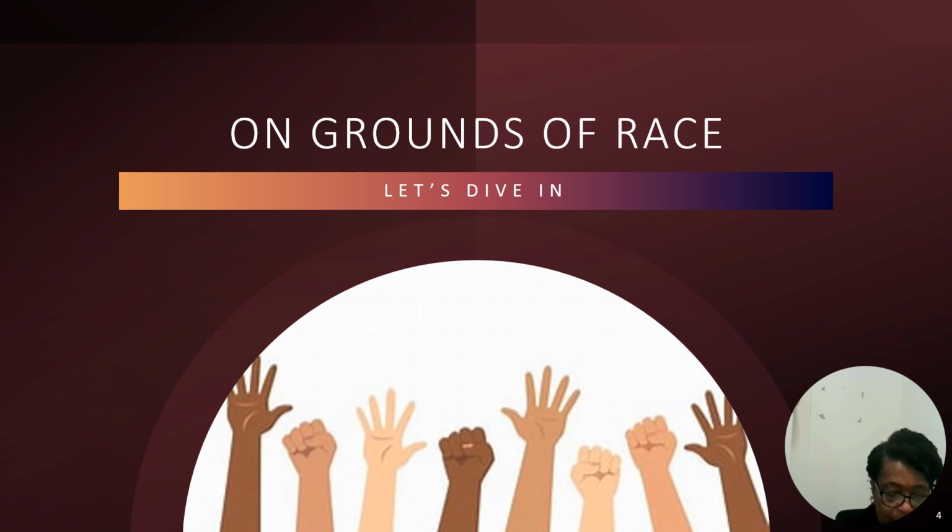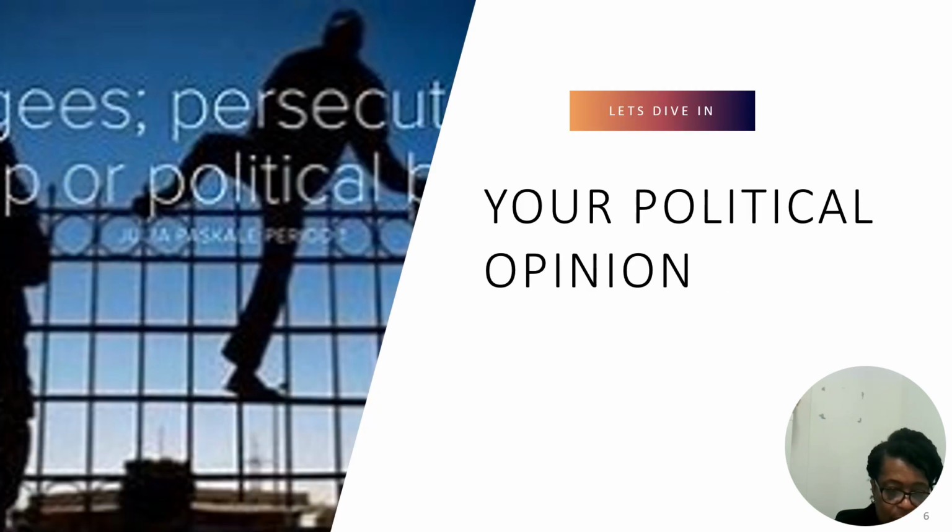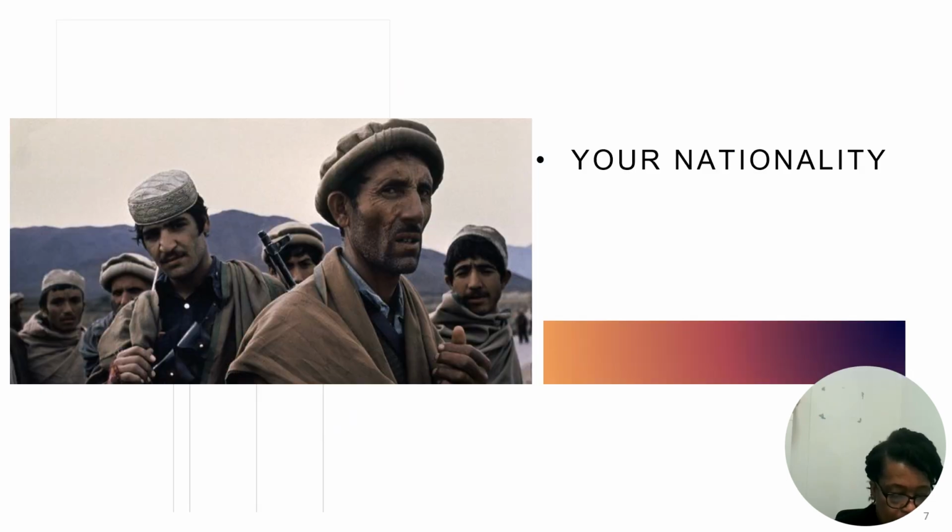Yes, you can claim asylum on the grounds of your race, that you feel you've been persecuted on that basis. On the grounds of your religion, your political opinion, whether that's direct or imputed, your nationality.